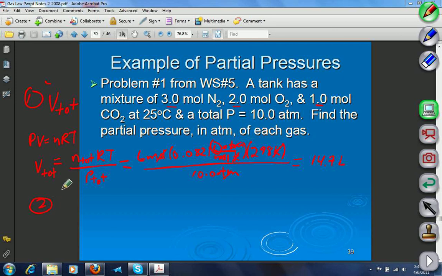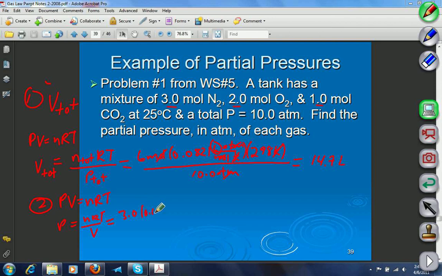So that was step 1. Now step 2, we're going to start finding the individual pressures. So again, we take PV equals nRT. The P in this case is going to be nRT divided by V. So let's do this one for nitrogen because I think that's the first gas listed.